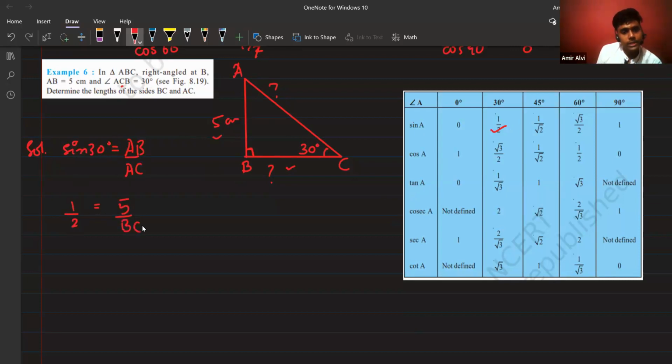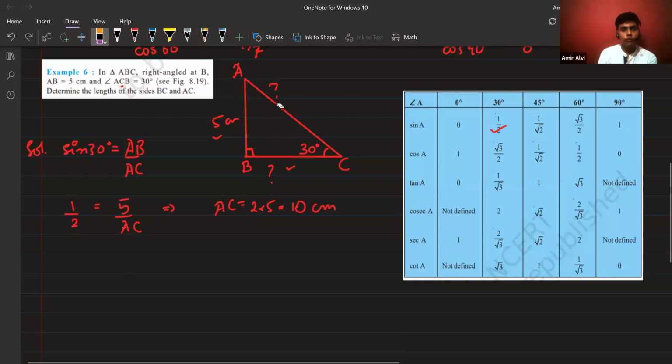We have to calculate the value of AC. Cross multiply: AC will be equal to 2 into 5, which is 10 centimeter. Now we have the value of AC.